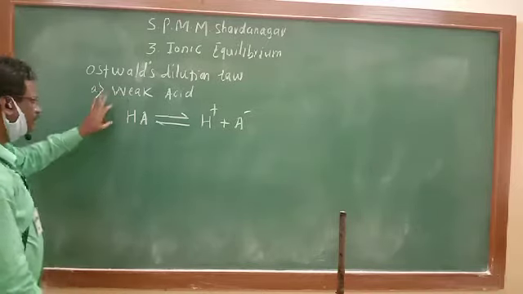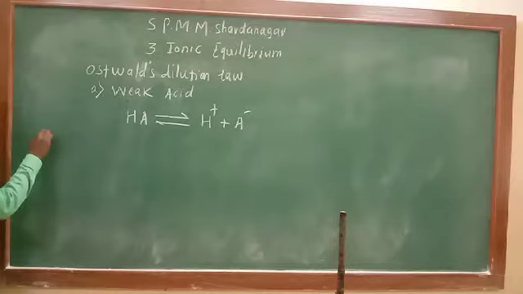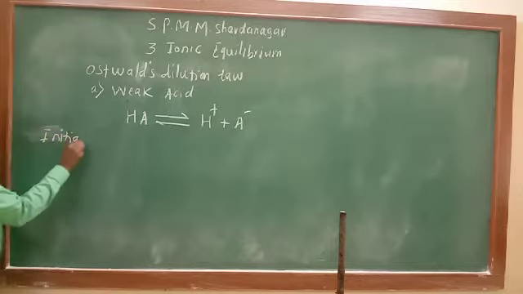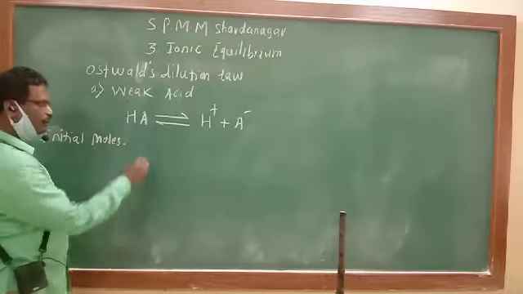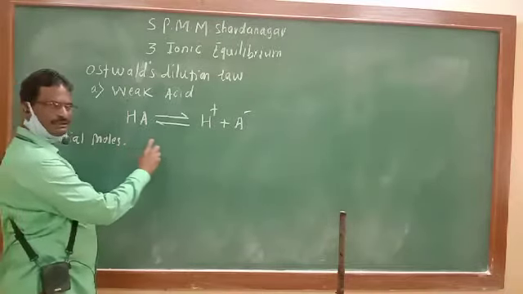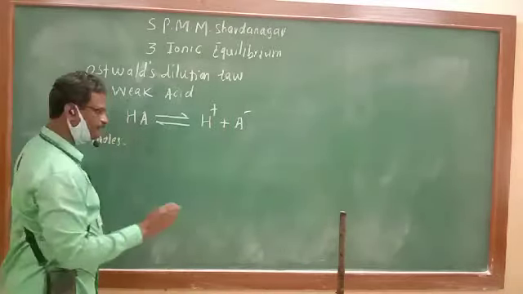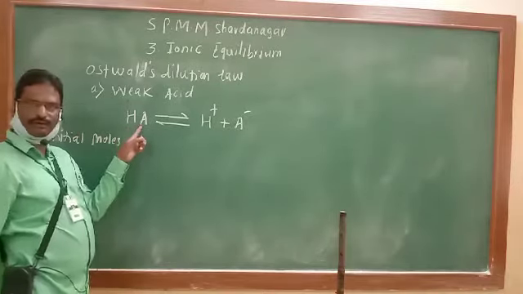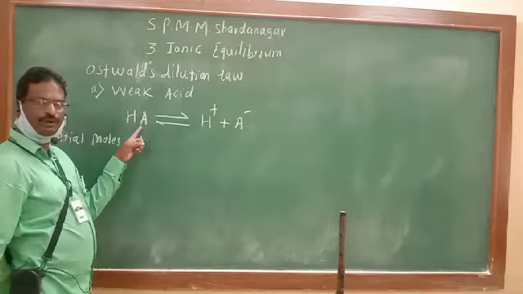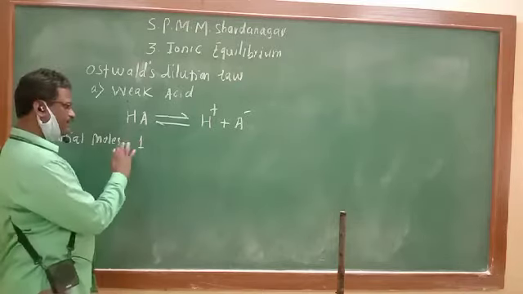Now, let us consider the moles. Moles at start, that is initial moles. During any chemical reaction, only reactant is present at start and products are absent. So let us start with 1 mole of weak acid at start.